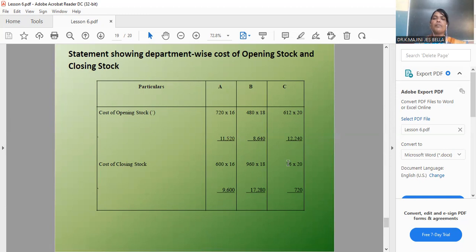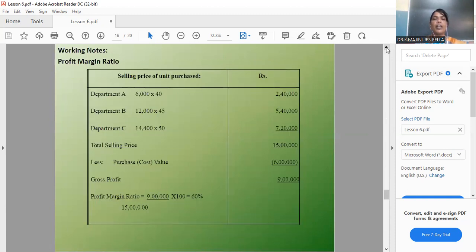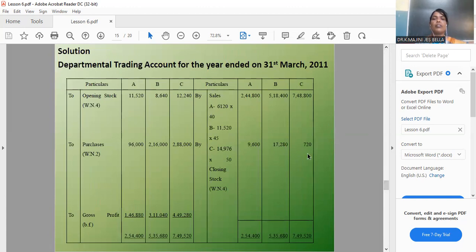Unit cost per unit is 20 rupees, right? So 36 into 20, you will get 720. So you can write here 720. Okay. Closing stock, department A, 9,600 rupees. Department B, 17,280. Department C, 720.